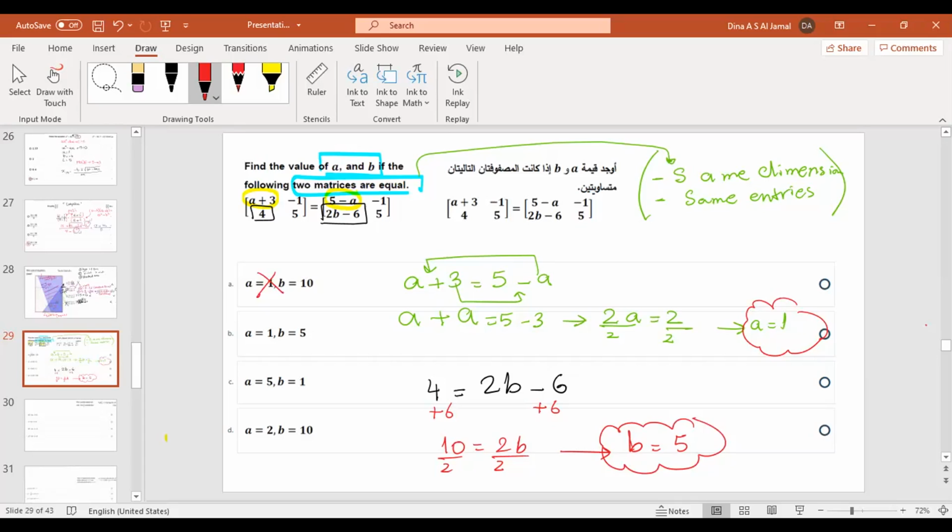Your a is 1, b is 5. Yes. They made it the opposite, and this is wrong. So focus when you choose. Sometimes they will make the opposite. Maybe here you will be finding 5 and 1 and you will be choosing it directly. No, please focus on whatever he is putting for you. Maybe he is mixing for you.